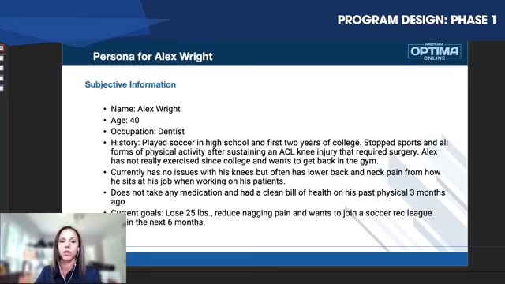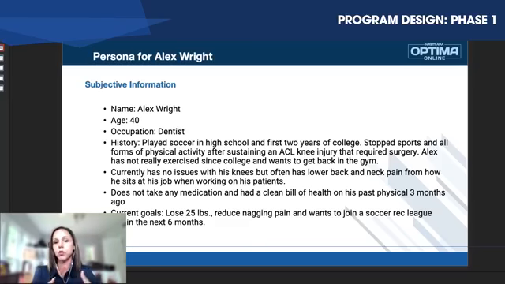In this case, Alex is a dentist. Some of his history is that he played soccer in high school and for the first 2 years of college. He stopped playing sports, unfortunately, due to an ACL injury that required surgery, and he hasn't really exercised since college. He wanted to get back into the gym.